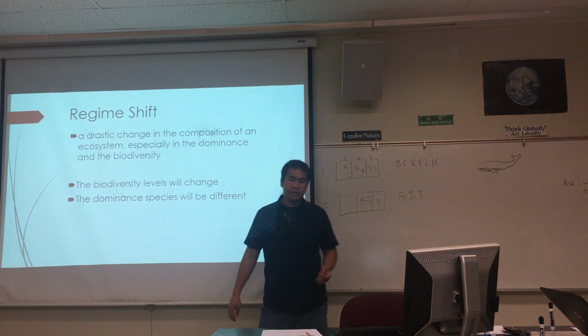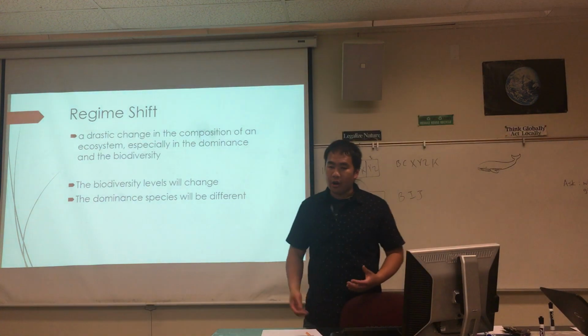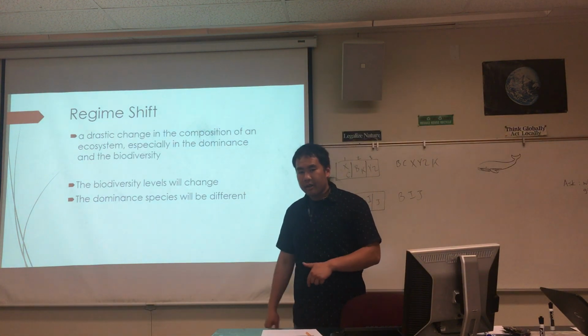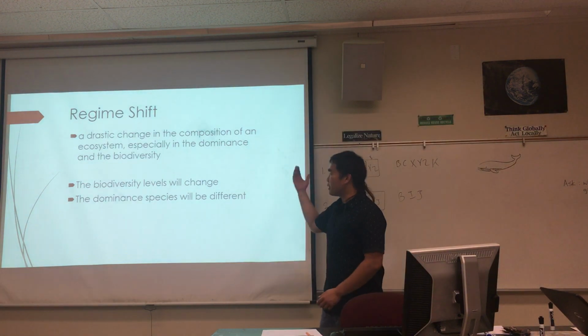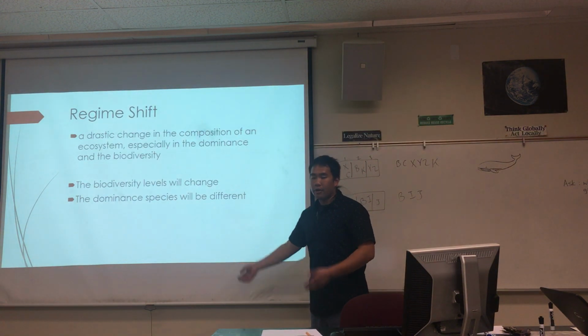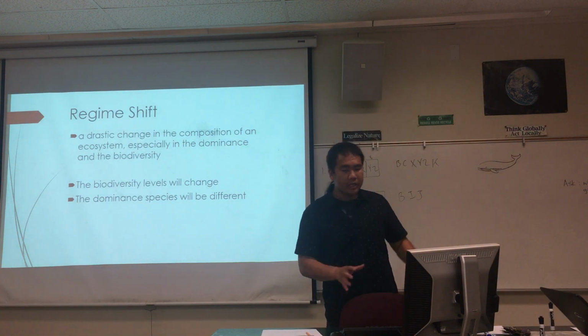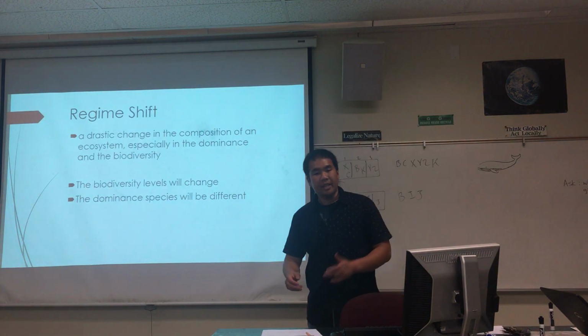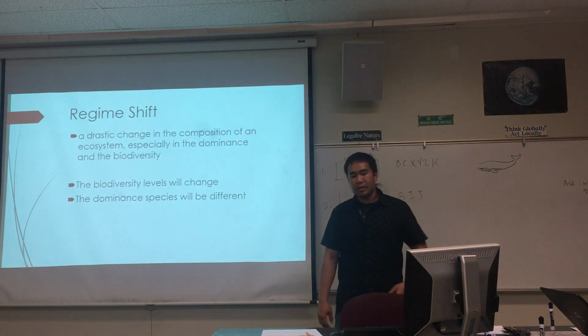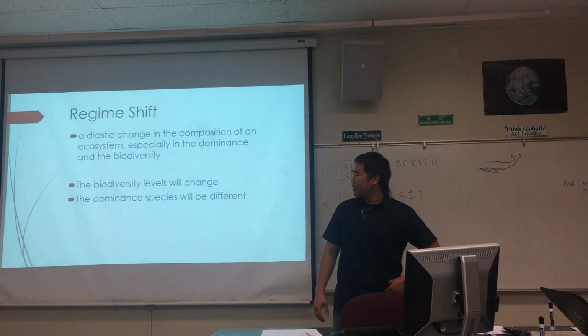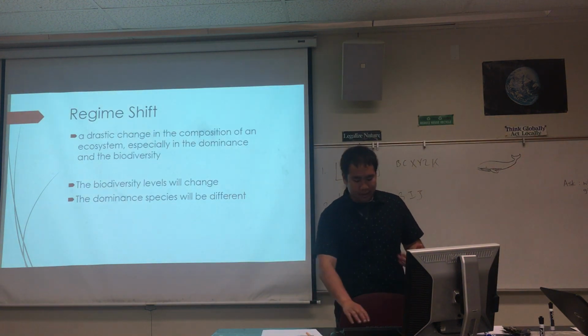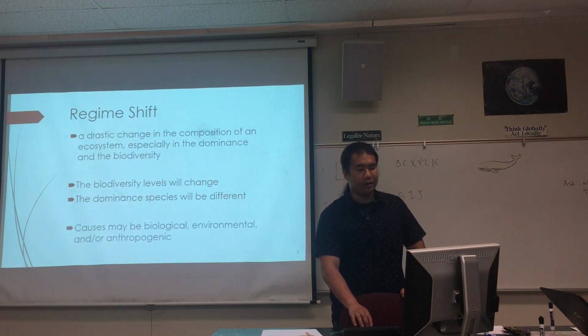So if the dominant species change and the biodiversity also changes a lot, usually goes down, then we have a regime shift, okay? So usually they're pretty bad, but yeah, regime shift. So when the kelp forest ecosystem turned into an urchin barren, that is an example of a regime shift, and in this case, at the end, we ended up with an urchin barren, right?